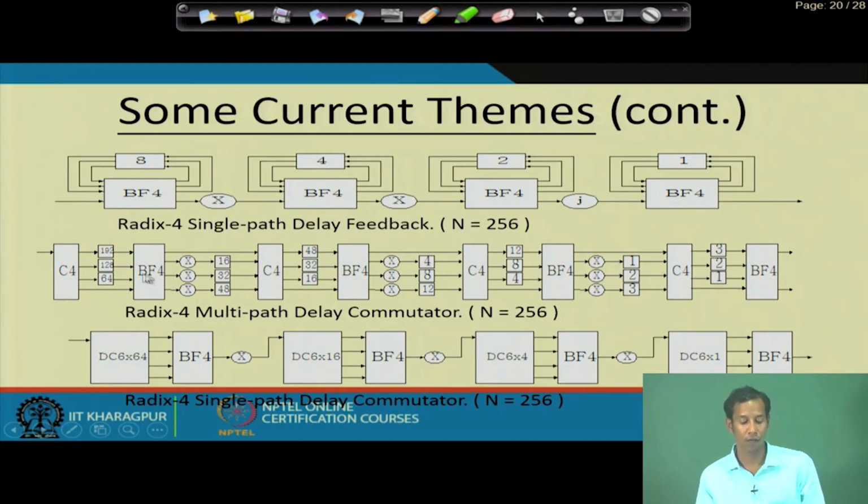In the parallel implementation, it is serial along with parallel. It is not that the butterfly units in each stage run in serial, but all of them run in parallel.